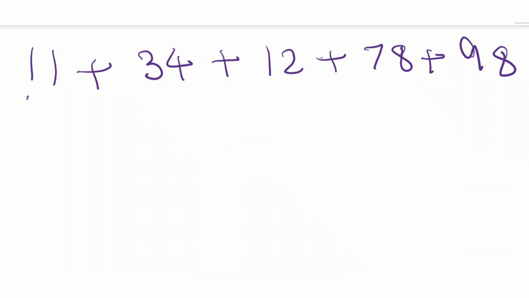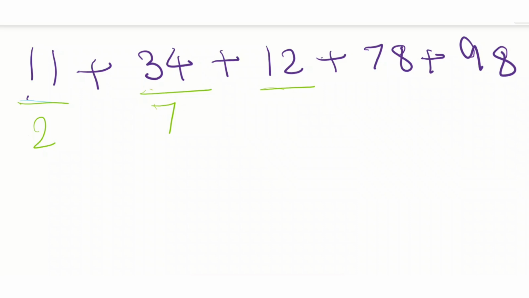Okay, so now to check whether this calculation was correct or not, we are going to find the navshesh of each one of these numbers that were added. These are called addends. So let's find the navshesh quickly. The navshesh of 11 is 1 plus 1, that is 2. The navshesh of 34 is 3 plus 4, that is 7.